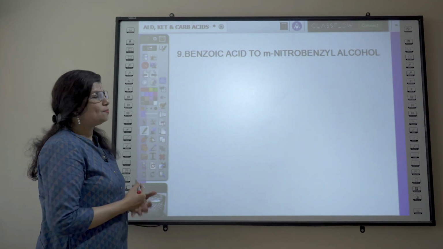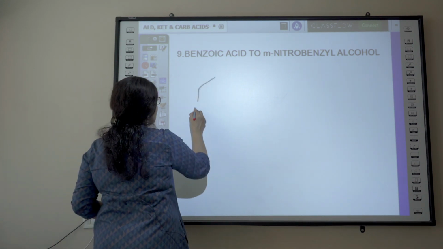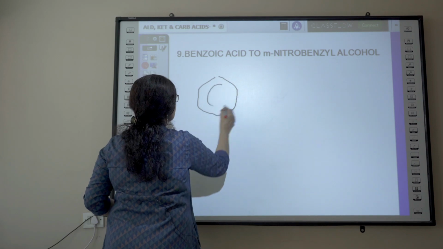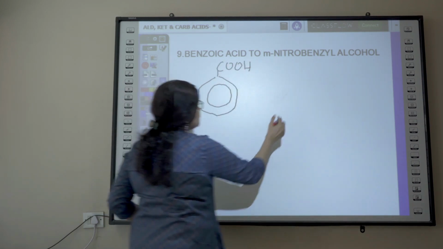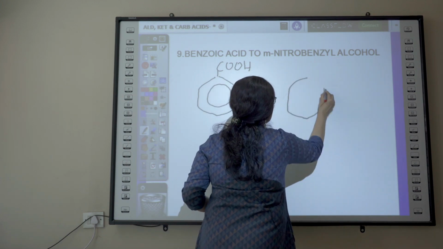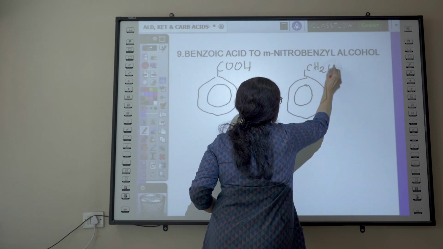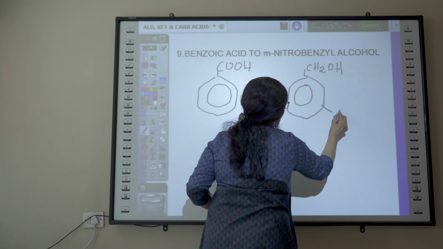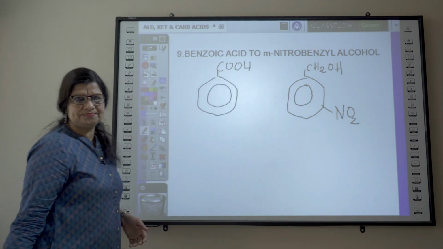Benzoic acid to meta-nitrobenzyl alcohol. So we start with benzoic acid to meta-nitrobenzyl alcohol. So we have CH2OH, which is benzyl alcohol. At the meta position we have the nitro group, right?